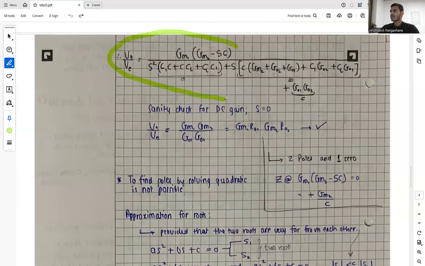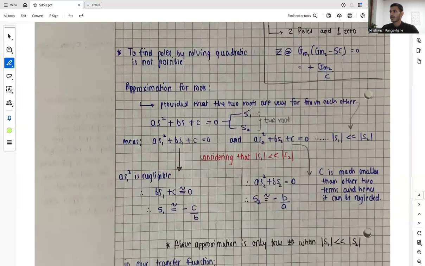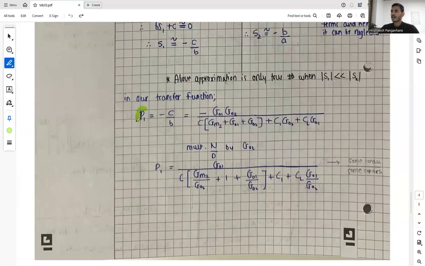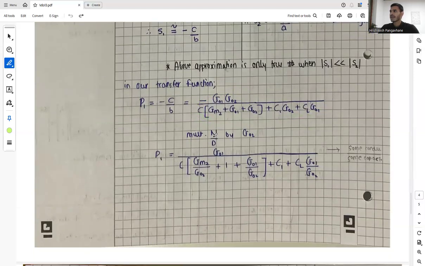In our transfer function, this is our transfer function. Let's say this is a, this part is b, and this part is c. We get our first pole P1 at minus c by b, after substituting the values. For our convenience, let's multiply numerator and denominator by GO2.